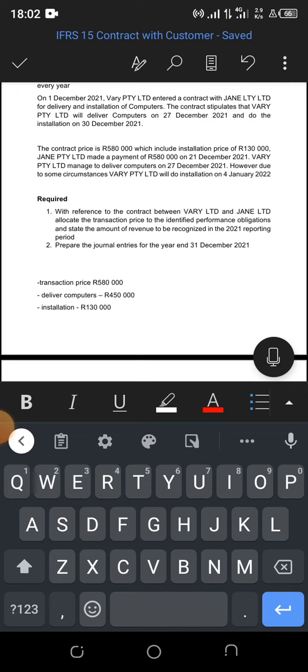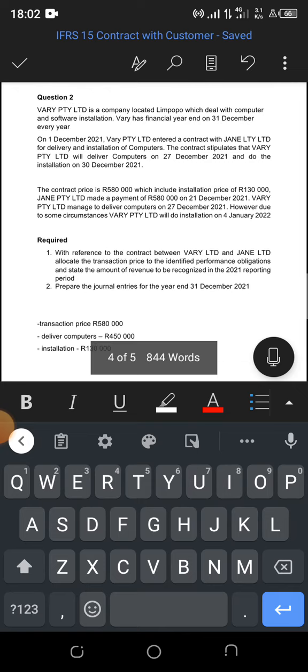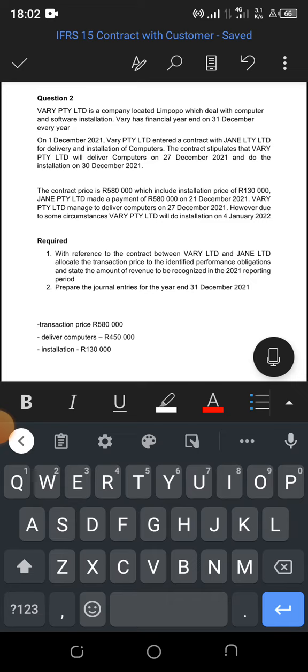In the second paragraph, Vari Pty Ltd managed to deliver computers on 27 December 2021, which means that for the delivery of computers, it met the performance obligation.